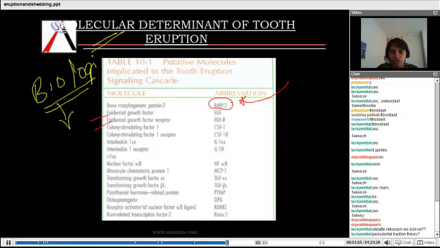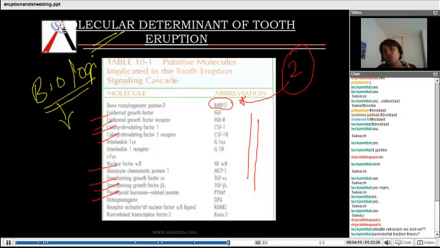The growth factors are obvious: colony stimulating factors, nuclear factor, transforming growth factor, parathyroid, all these are growth factors. So we can guess that they'll be associated with tooth eruption. But in BMP, bone morphogenetic protein, typically 2 is associated with eruption. This is an important point.